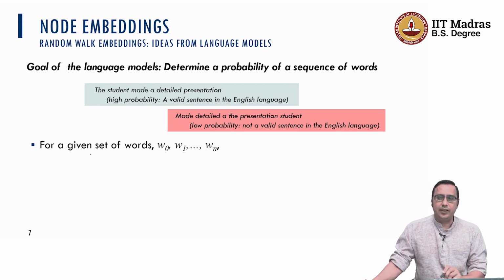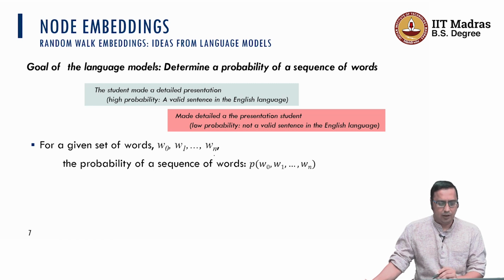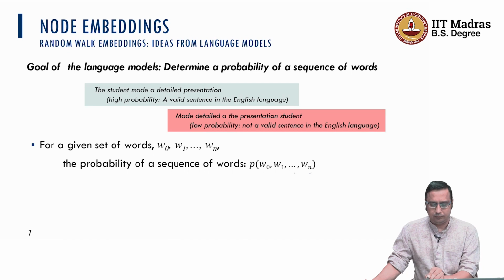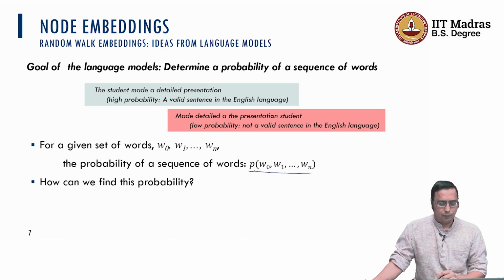So now, what we are interested in is, given a set of words W0 to Wn, the probability of the sequence of words P should be found out using the data. And how can we find it out?